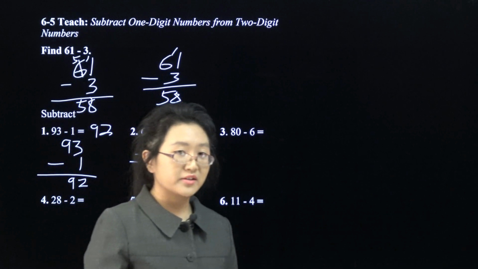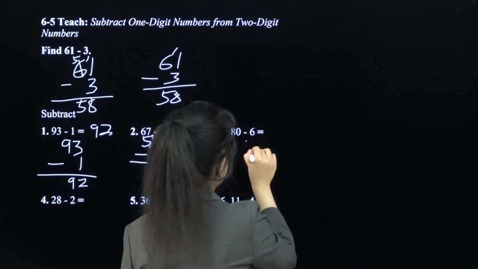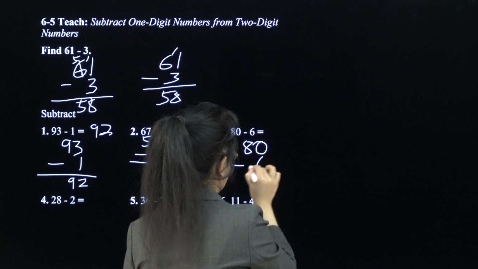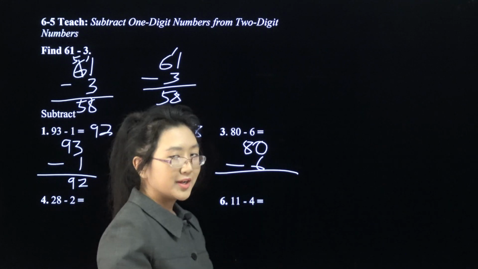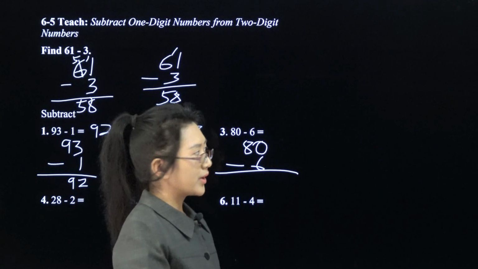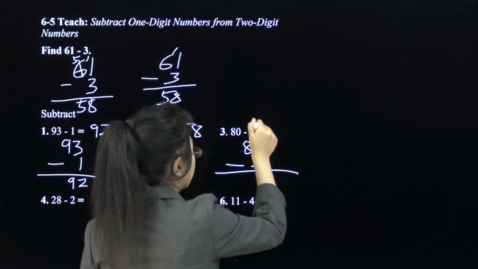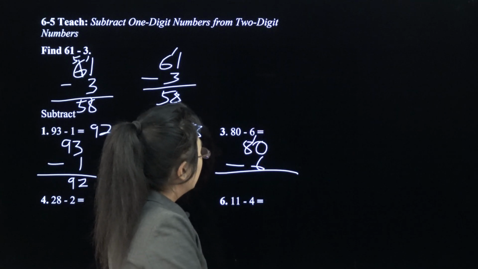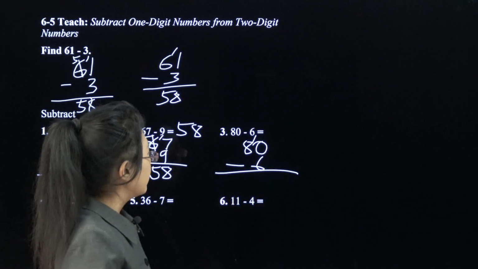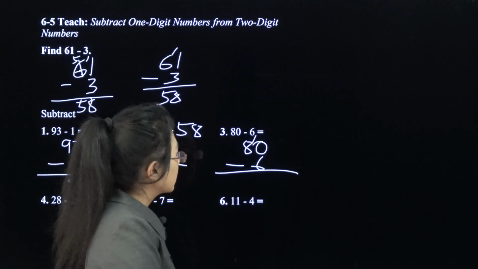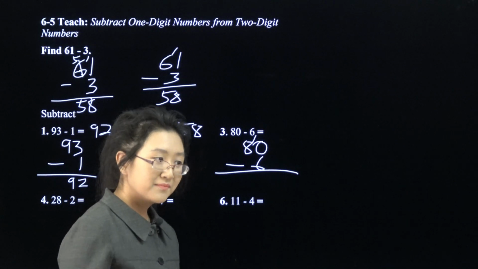80 minus 6 is, you line them up, start from the right. 0 minus 6. Doesn't really work, right? So you borrow 10 from 8 tens, and it becomes 10 minus 6, which is 4.